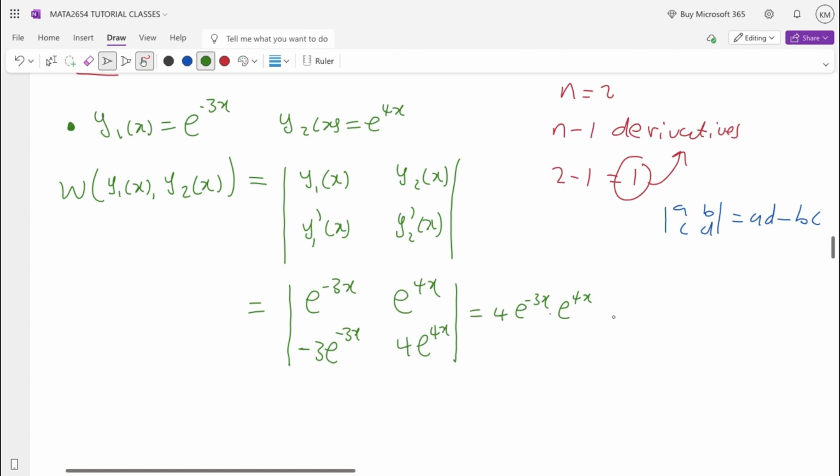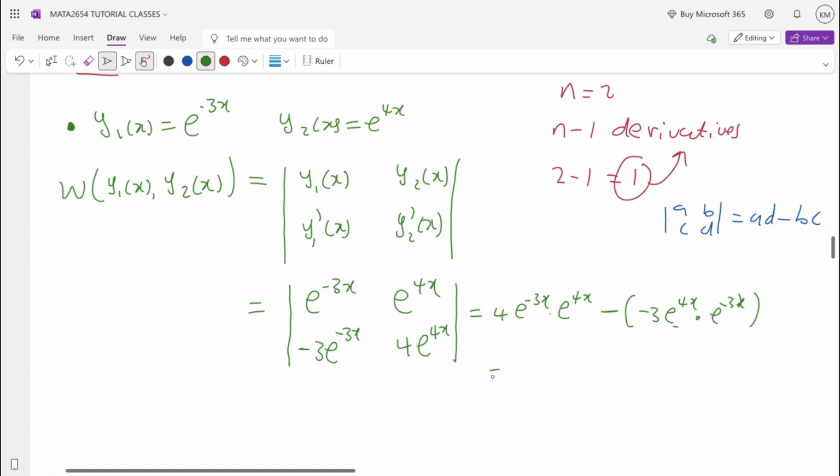So I multiply them, then I subtract minus 3 e to the 4x times e to the minus 3x. My b is e to the 4x, which is that one. Then my c is minus 3e to the minus 3x. So this is how it comes out.